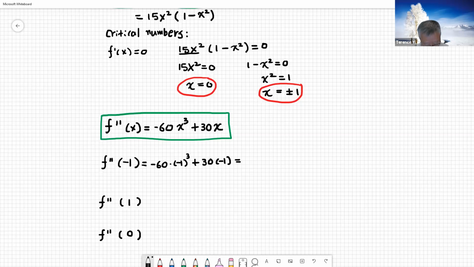Minus 1 to the cube, you get negative 1. Negative 1 times negative 60, we get positive 60. And 30 times minus 1, you get negative 30. So that's going to be a positive 30, which is greater than 0. So we know that this is going to be a relative minimum.